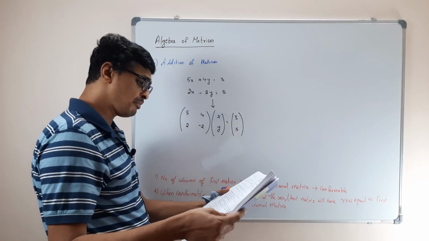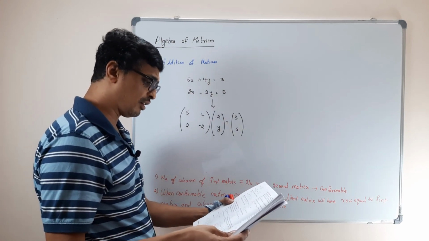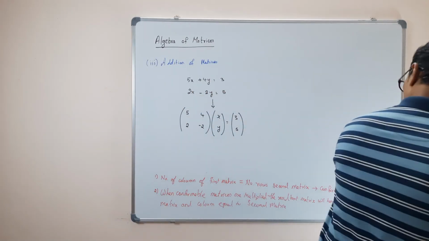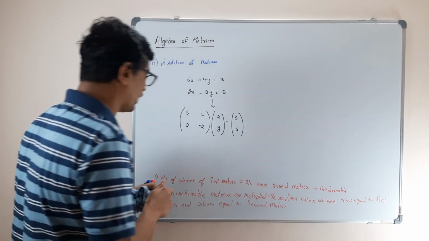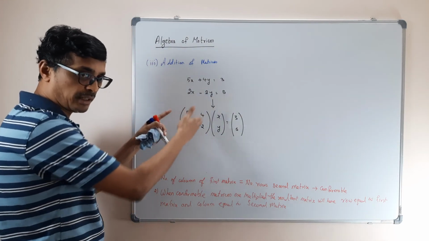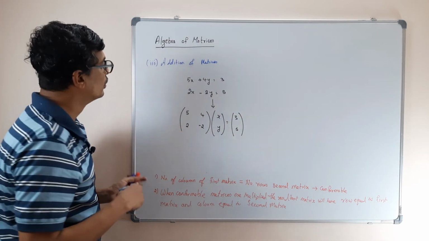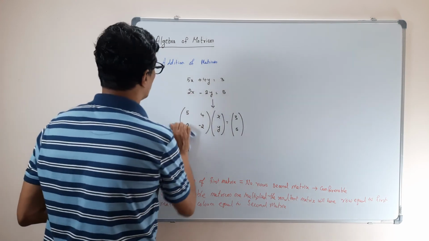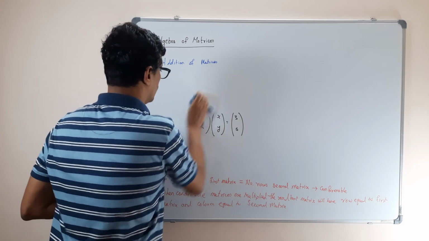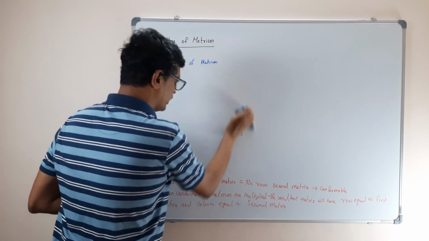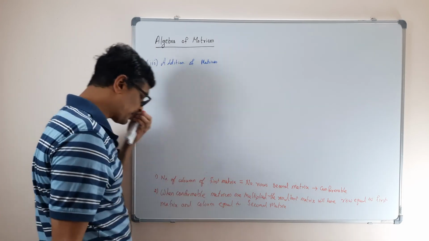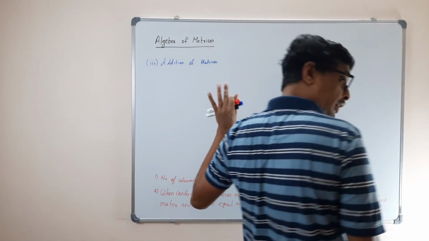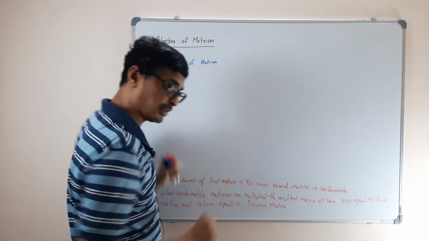Then a matrix obtained by multiplying each element of A by the scalar is called a scalar multiple. Okay, and it's not going to really change it also. You can always multiply by the same number. So that's what your scalar multiplication with a matrix is, and that's it. Okay, these are the basic algebra we can do with the matrices.